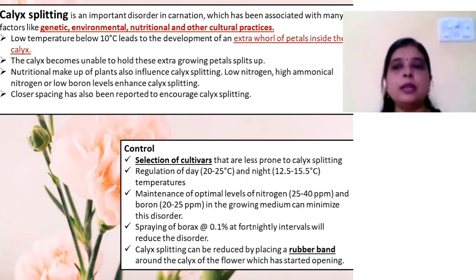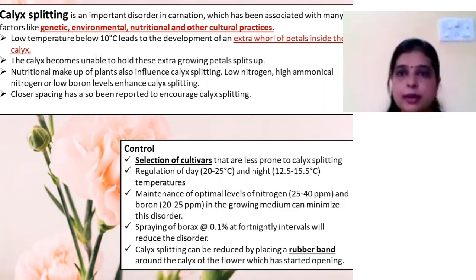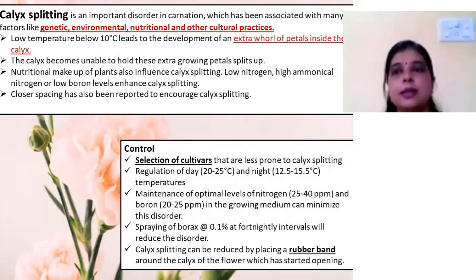Why does calyx splitting happen? When the temperature goes below 10 degrees Celsius, an extra whorl of petals develops inside the calyx. The calyx becomes unable to hold that extra whorl of petals, and the calyx splits.